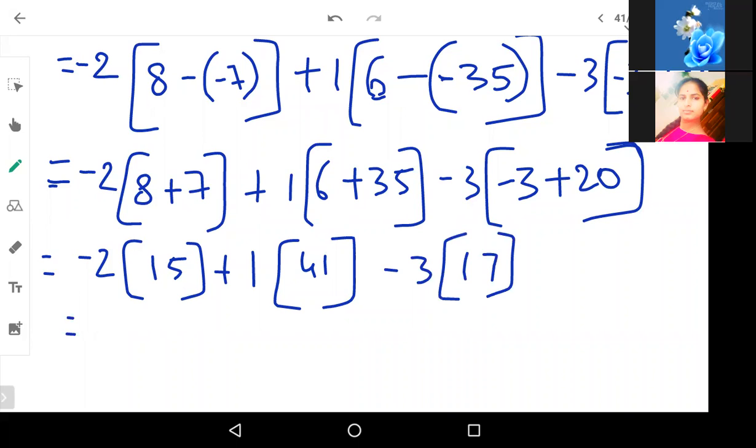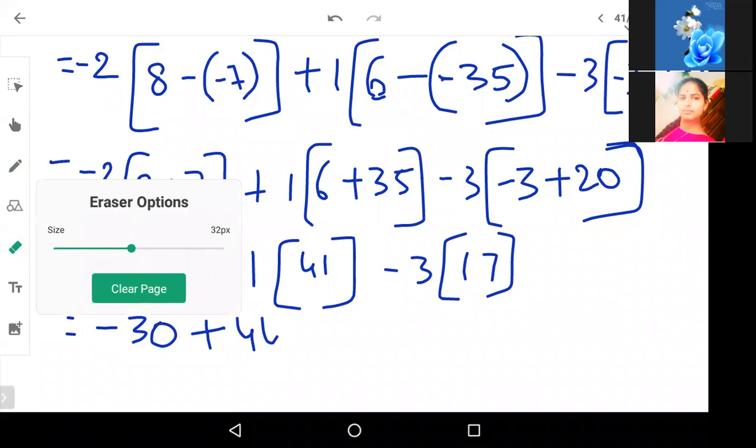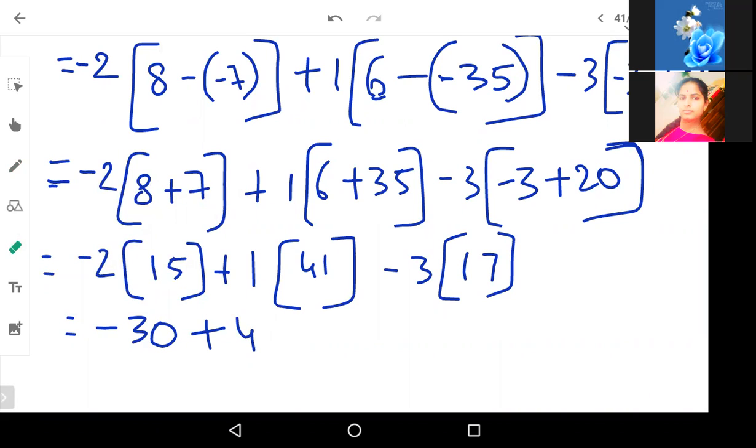So minus 2 into 15 is minus 30, plus 1 into 41 is 41, and then 17 into minus 3 is minus 51.